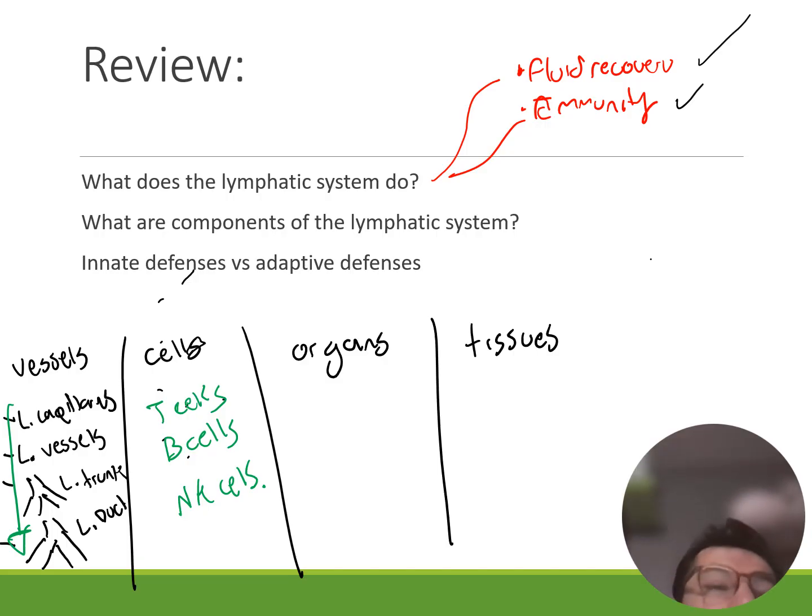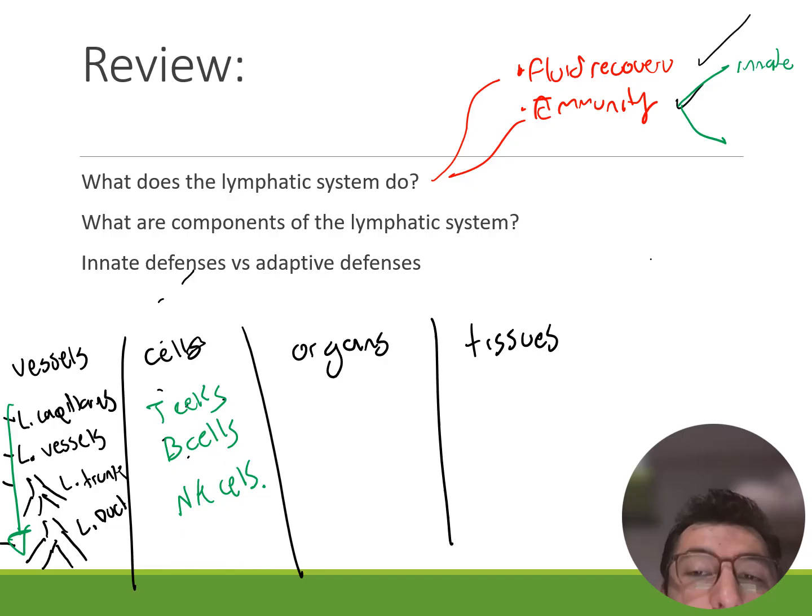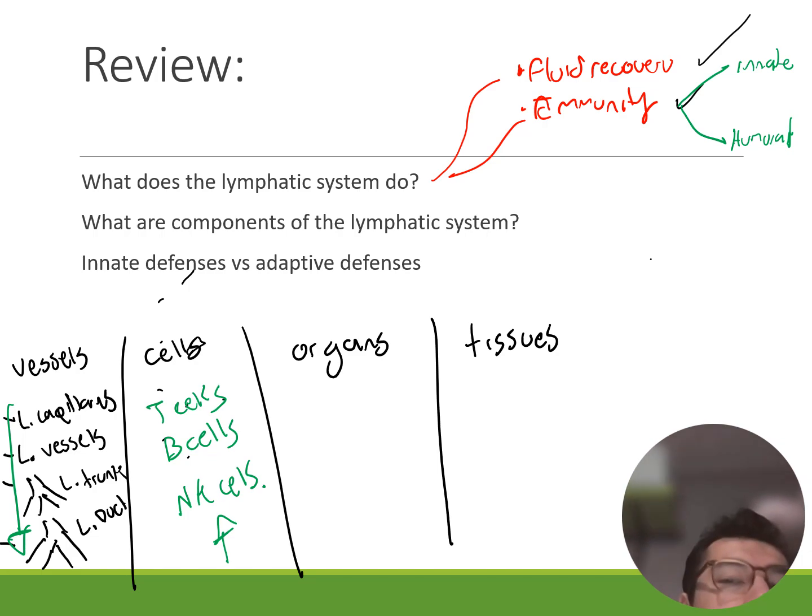There are other cells that are also involved in immunity, and we will discuss this further, but remember that we have innate defenses and we have humoral defenses or adaptive defenses. These cells are more related in particular to the humoral defenses. The other leukocytes, such as neutrophils, eosinophils, and basophils, are also playing a role in immunity, and we'll discuss them as well. However, they are more related to innate immunity.